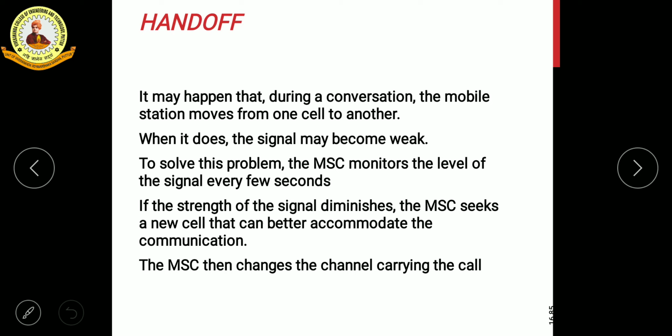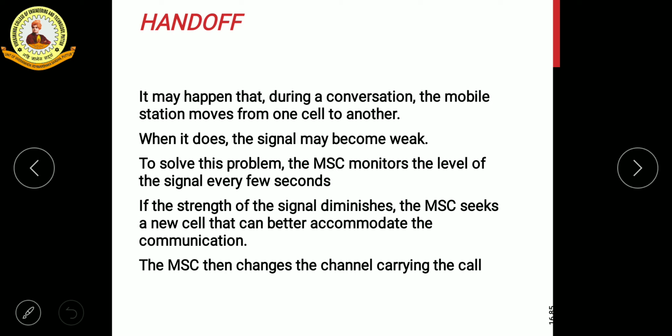Then the next important thing is handoff. In handoff, we have two techniques, hard handoff and soft handoff. It may happen that during a conversation you will be moving, right? You are in a vehicle, you will be moving here and there. The mobile station moves from one cell to another cell. So we are discussing when handoff happens.